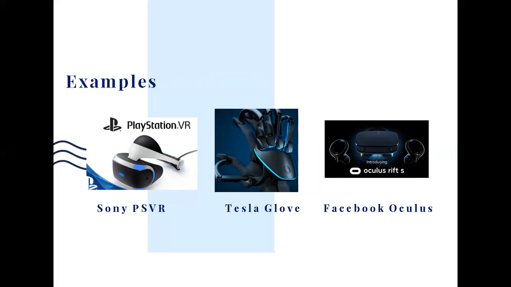We've got the Oculus Rift, the Oculus Rift S, Oculus Go, as well as the Oculus Quest. So originally, it was funded by a Kickstarter project in 2012 and then engineered with the help of a guy called John Carmack, who is a founder of id Software.